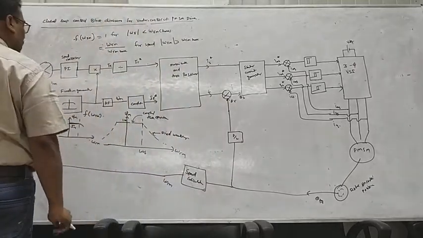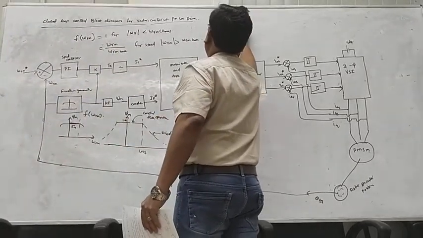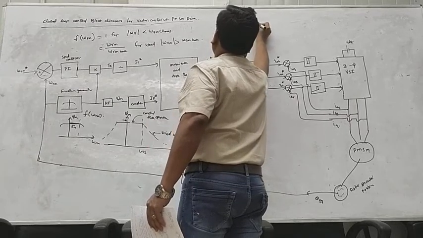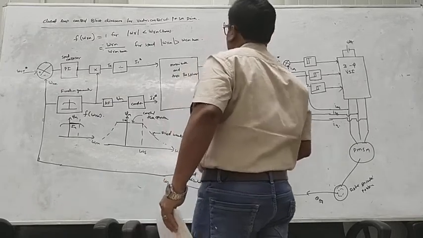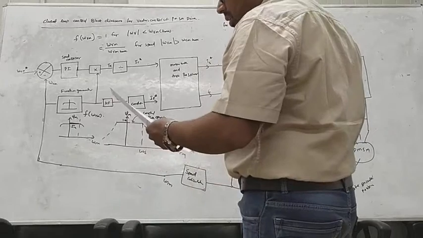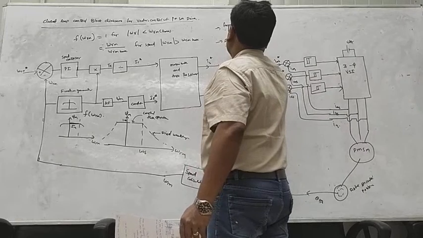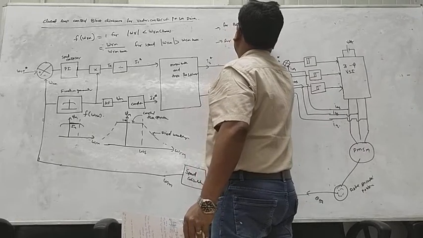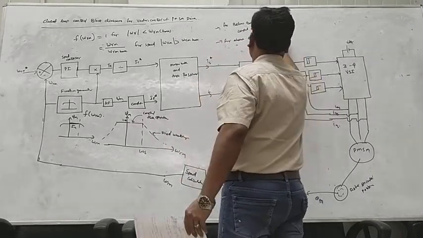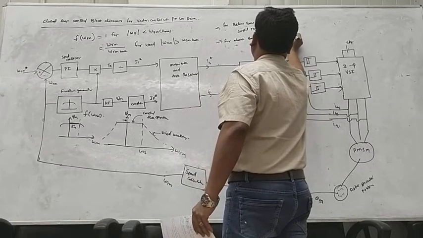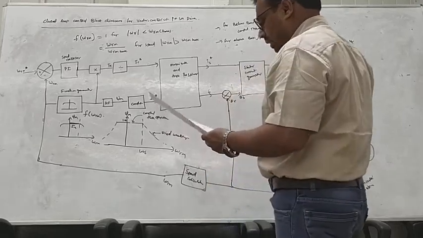So for below base speeds, constant torque, as your magnetizing current is maintained constant. Above base speed, field weakening operation, or decreasing torque.